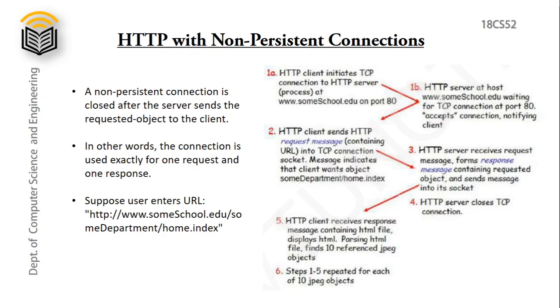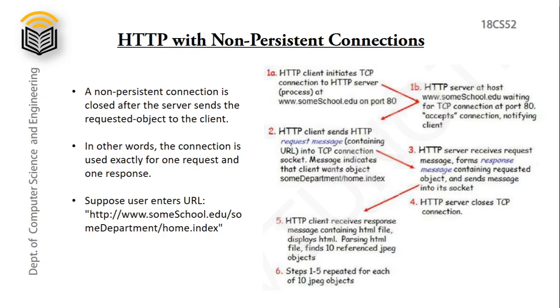So observe the process here. First, the HTTP client initiates a TCP connection to the HTTP server over port 80 with this URL. Then the HTTP server at the host address is waiting for a TCP connection at port 80. Then it accepts the request and notifies the client. So now the TCP connection is established between the client and the server.